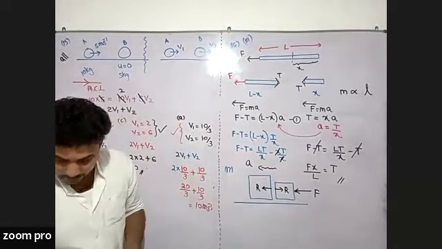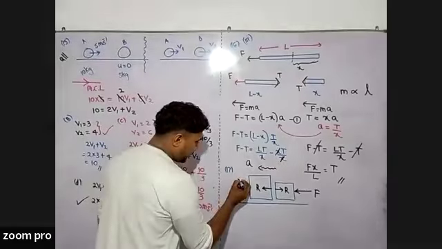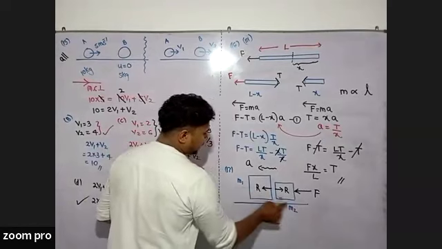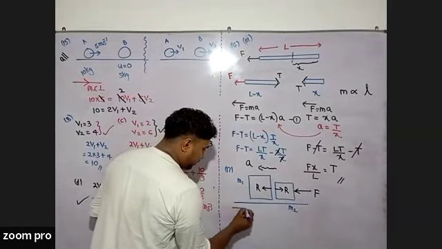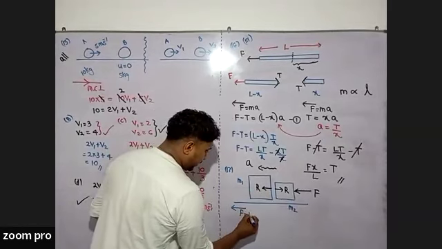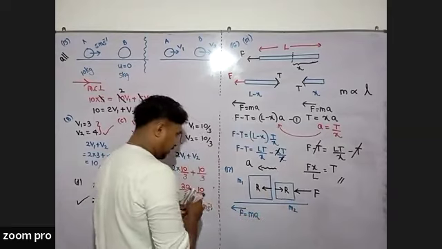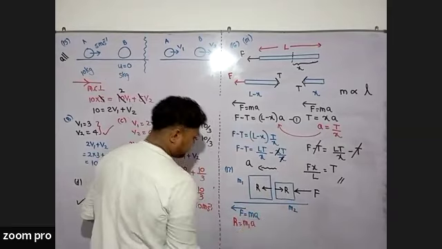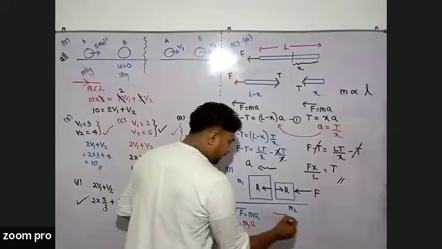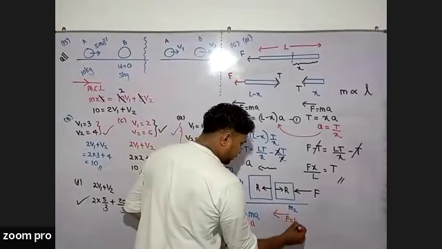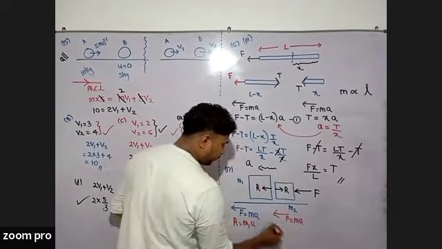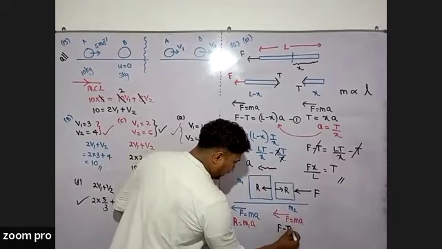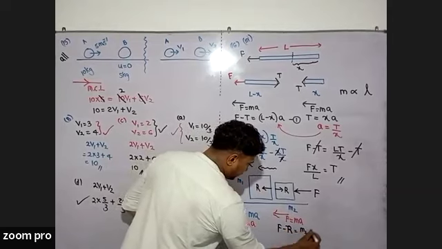So if I apply an equation for the M1 object, this is the mass of this object as M1 and this one as M2, it should be R equal to M1 a. If I apply the same equation for the M2 object, the forces should be F minus R equal to M2 a.